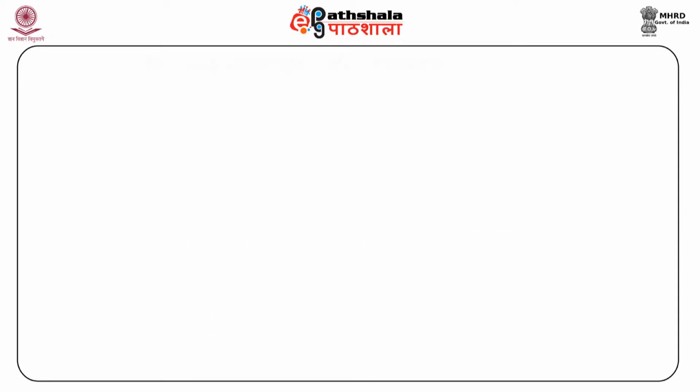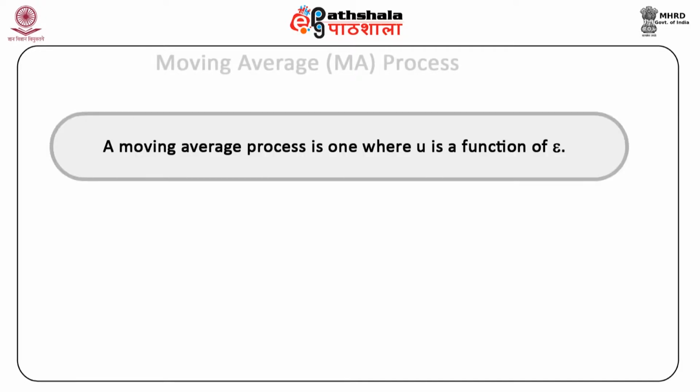The second type of structure is the moving average process, denoted as MA process. A moving average process is one where u is a function of epsilon.